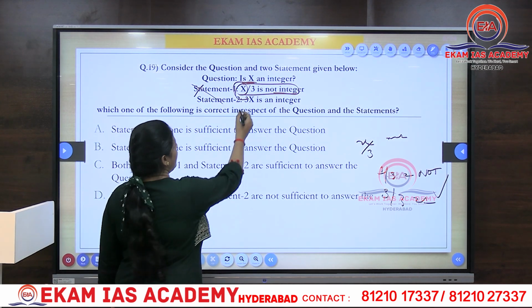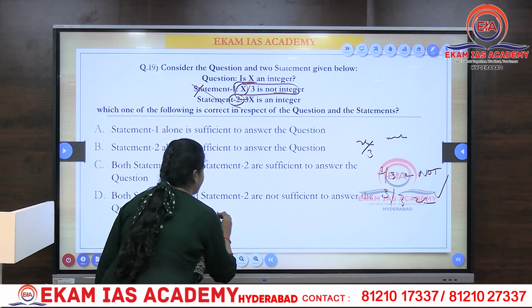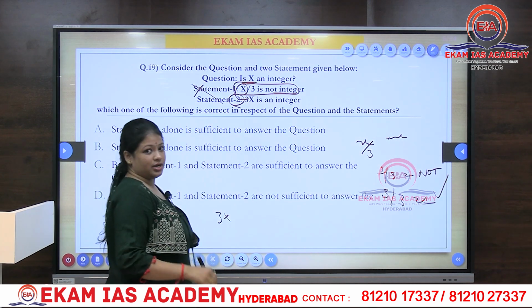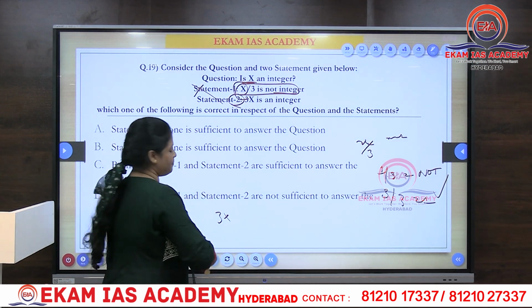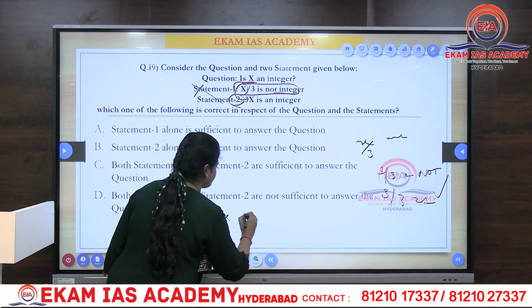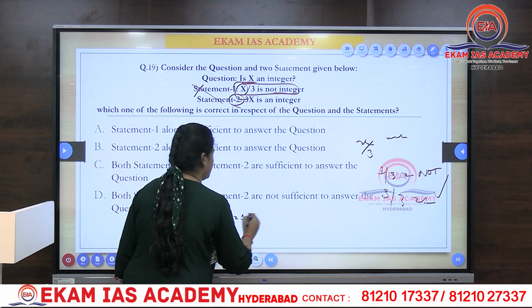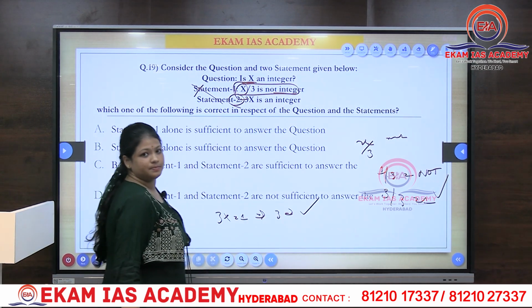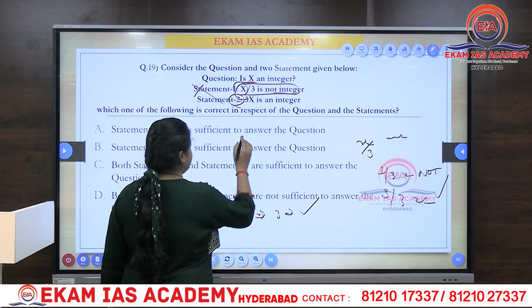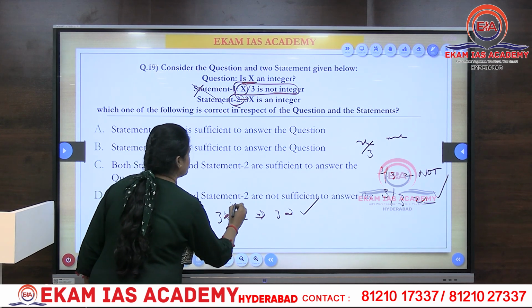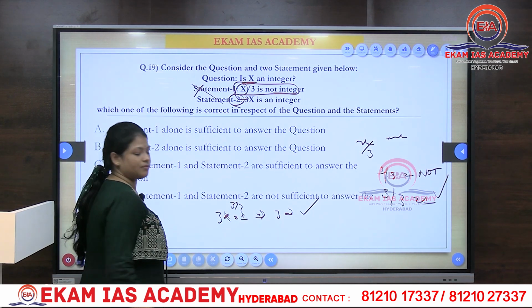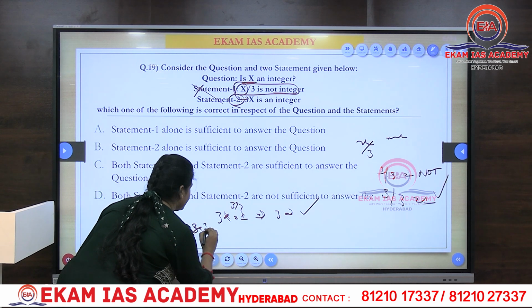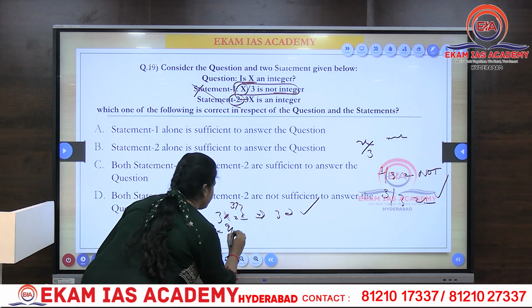And next statement, 3x is an integer. We'll check this in the same way. I'll take x is equal to 1, then it is equal to 3. So it is an integer. But I take x is equal to 3 by 2. Then it will be 3 into 3 by 2, 9 by 2.